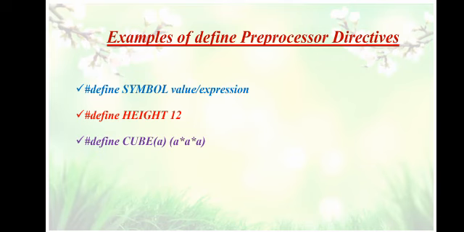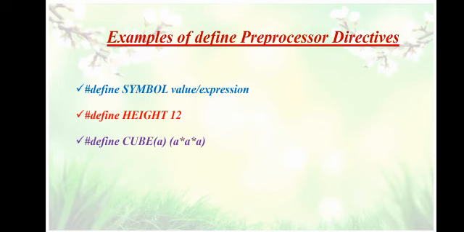The cube formula is a asterisk a asterisk a. Wherever cube is used, it will be replaced by that formula. Same is the case for the formula of a square, which will be length multiplied by length. For a rectangle, you write hash define rectangle length multiplied by breadth.